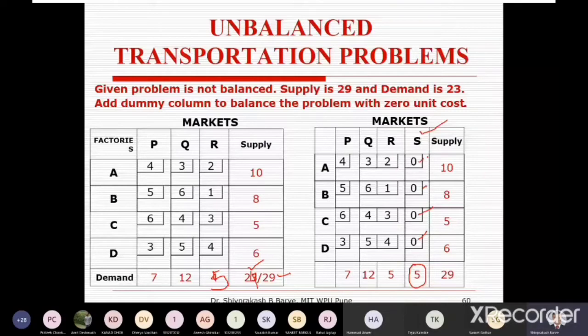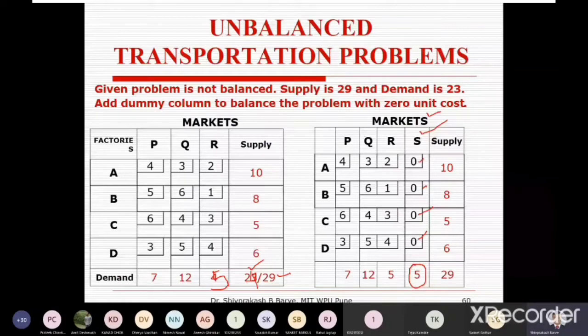So we have to add such an extra column if the market or warehouse capacity is less. In some cases, if supply is less and demand is more, we want to add supply.